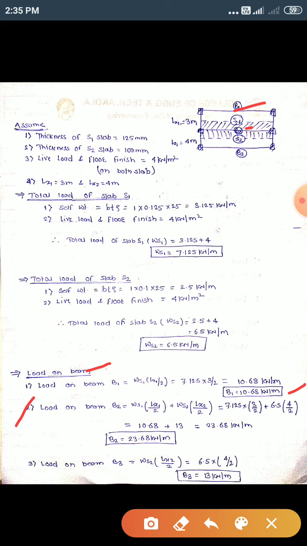Okay, so now here second point is load on beam B2, that is WS1 into Lx1 by 2 plus WS2 into Lx2 by 2. Now here WS1 is 7.125, Lx1 is 3, then WS2 is 6.5, and Lx2 is 4.